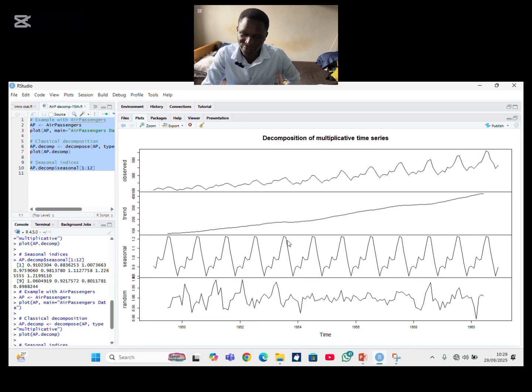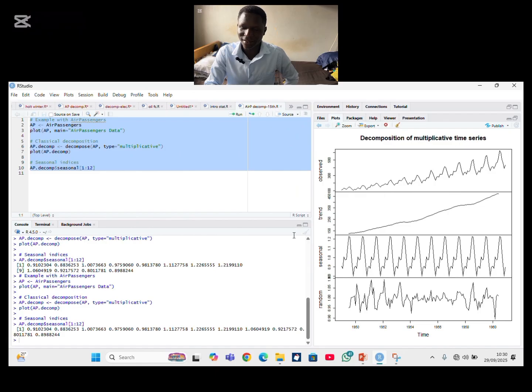So you realize that consistent pattern there is what we are calling our seasonality. It is repeating itself year in, year out. And now when you notice here on the random, the error term, it doesn't have any kind of pattern. It's random, literally. So I hope that has illustrated our decomposition, right?